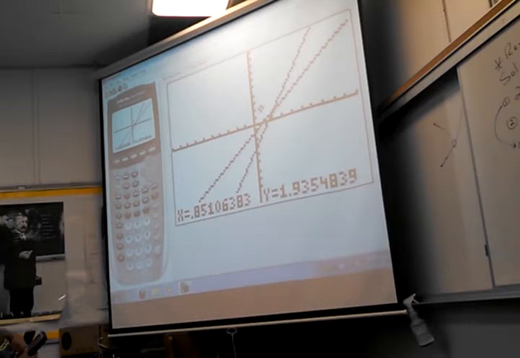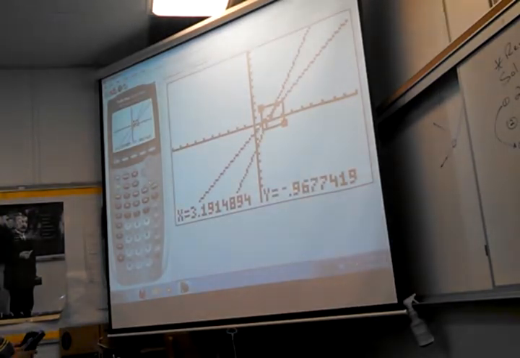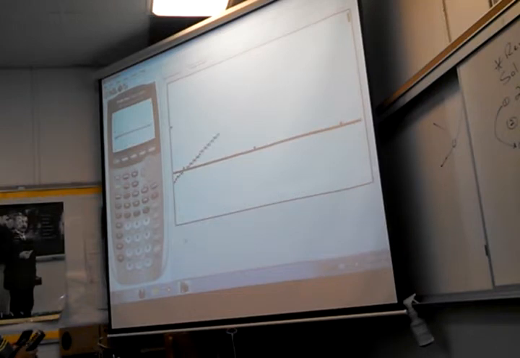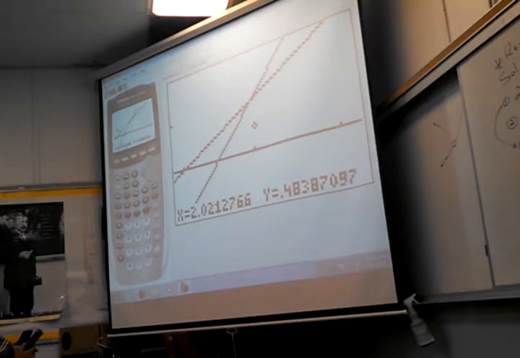So if I put the cursor about right there, hit enter, and then I go down and over, it's going to open up a little box for me. See that? So I can zoom in on where interesting stuff is happening on my graph, because sometimes graphs move very fast or they're very close together. So if I hit enter, there's one line, there's the other line, and it looks like it is 2, 1.